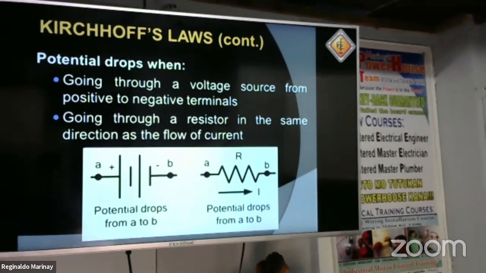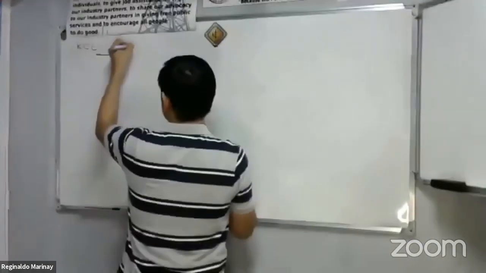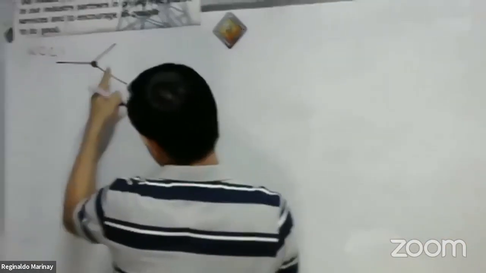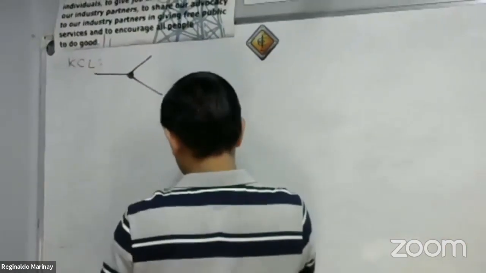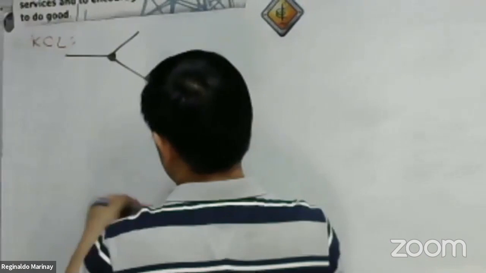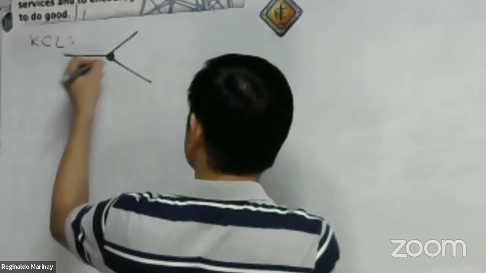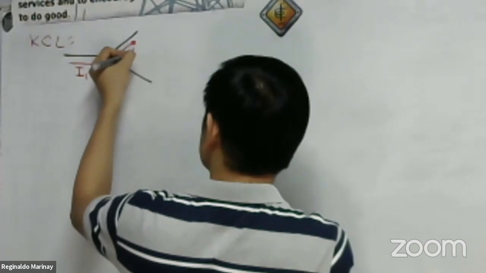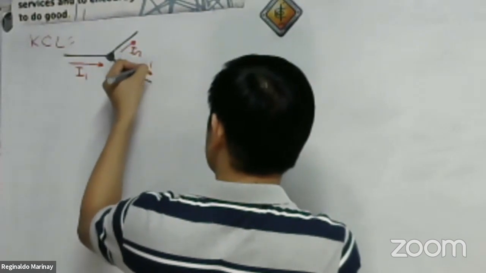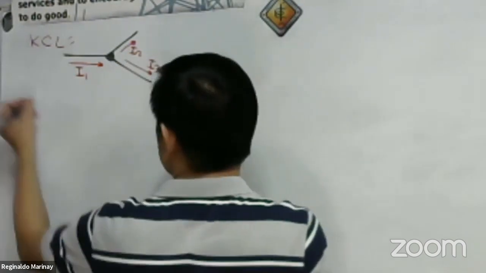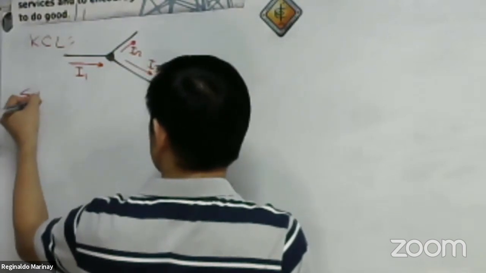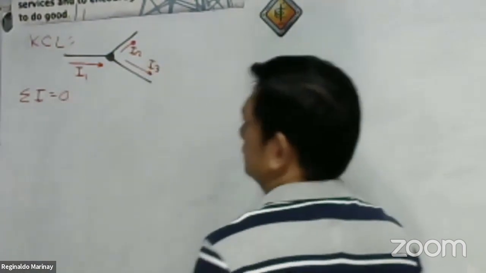Okay, so let's say we have here a node, then there are two branches here. We have here current I1, we have here current I2, current I3. Okay, it says summation of the current is equal to 0.